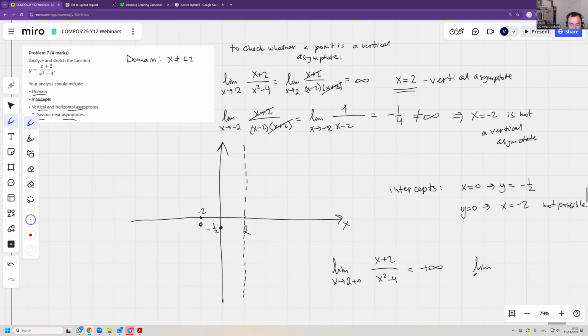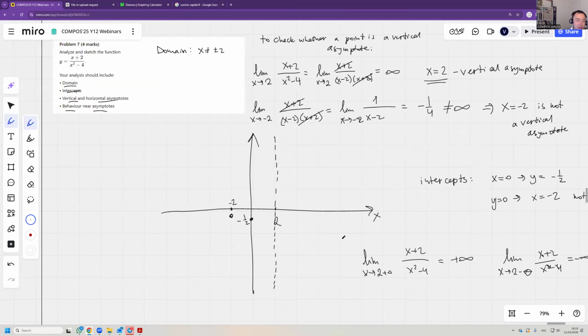And the limit as x tends to 2 minus 0, approaching 2 from the left, is minus infinity.